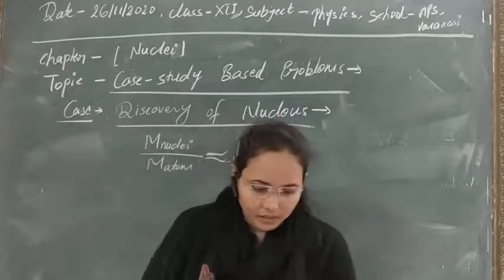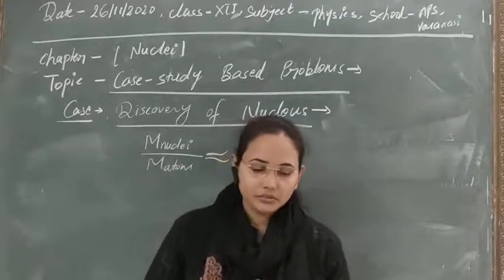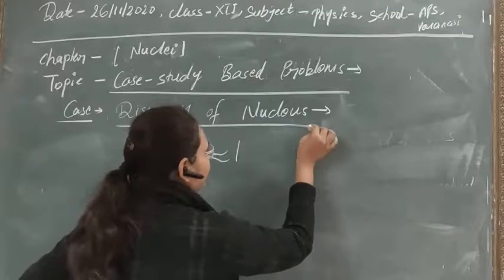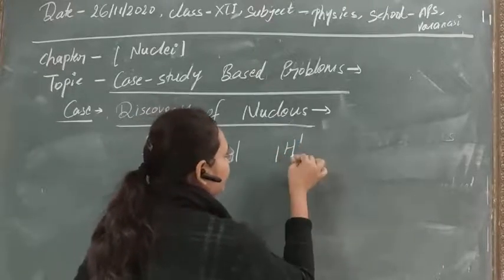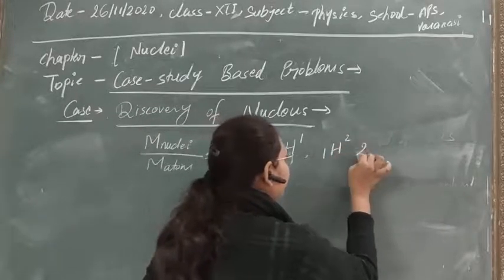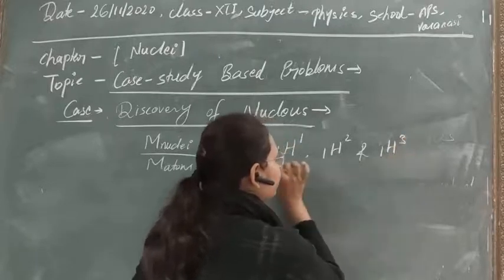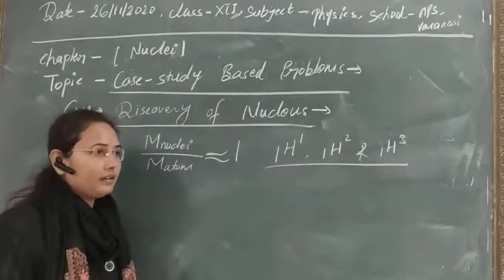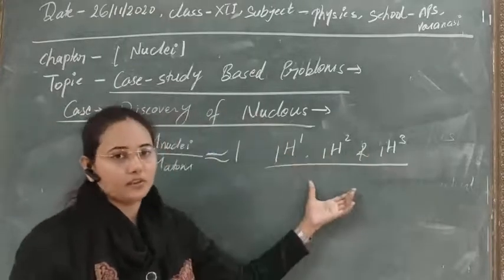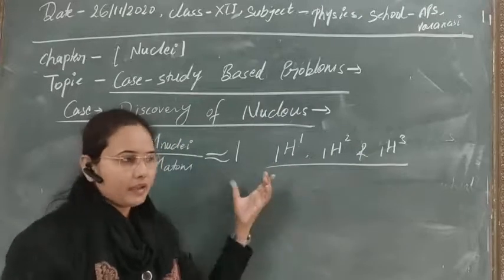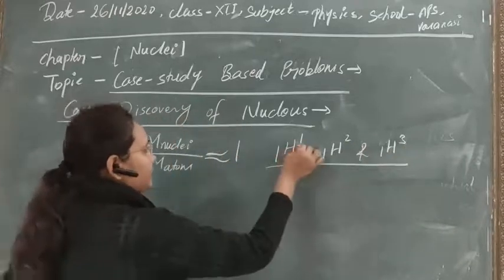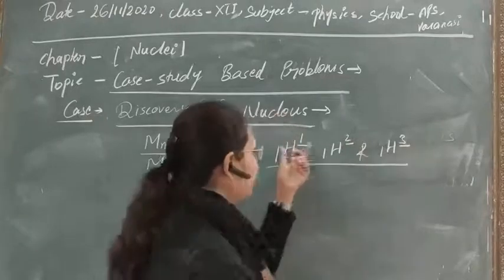The next question is: the masses of nuclei of hydrogen, deuterium and tritium are in the ratio? Suppose we have the hydrogen isotopes: hydrogen 1H1, deuterium 1H2, and tritium 1H3. What is the ratio of their masses? As you know, the mass of a nucleus is represented by its mass number, which is 1, 2 and 3.